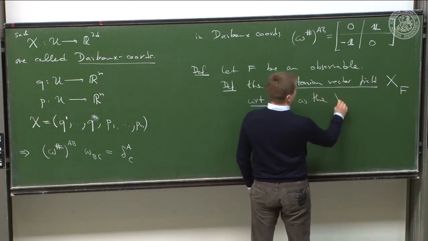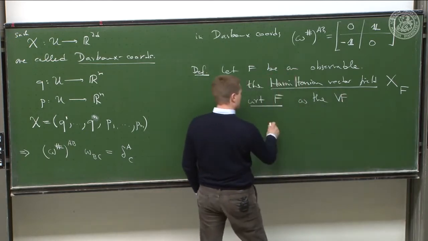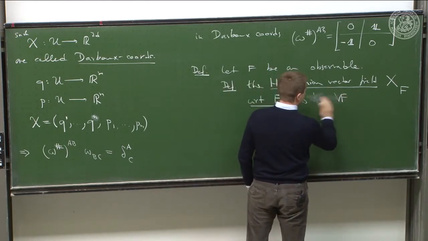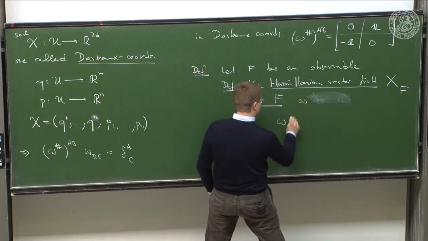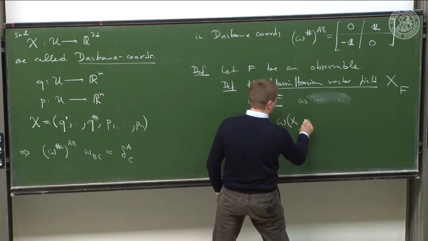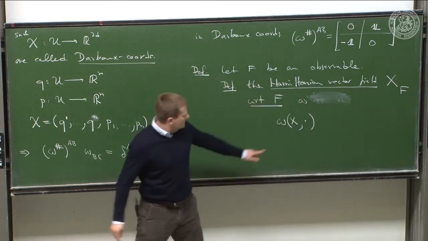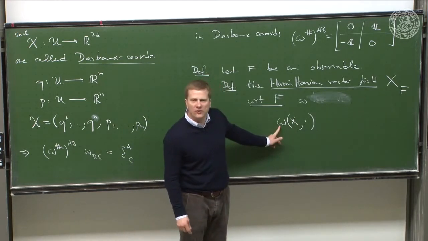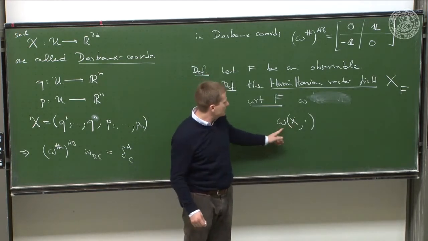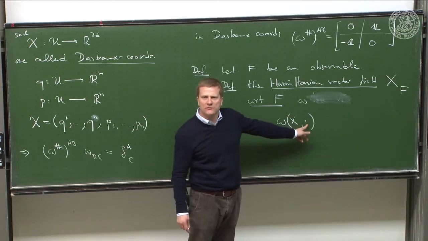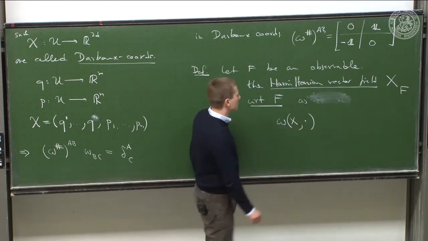as the vector field X_f such that omega(X_f, open slot). This vector field goes into a 2-form on the big manifold, so the resulting object is a 1-form, right?